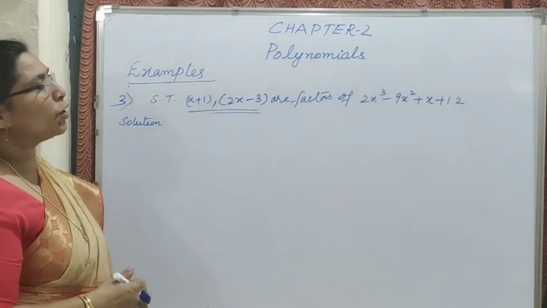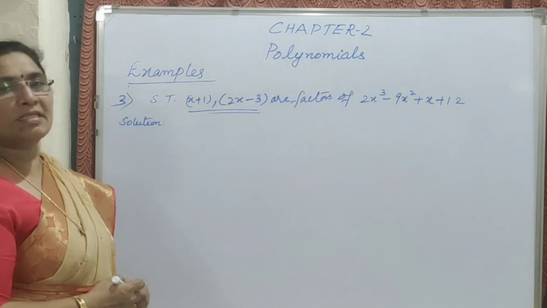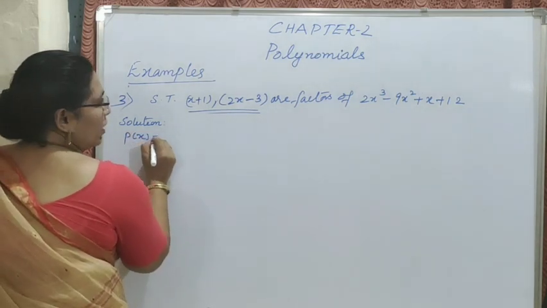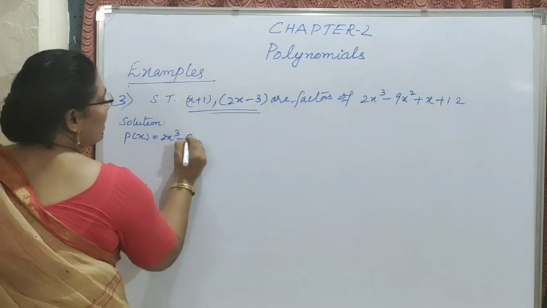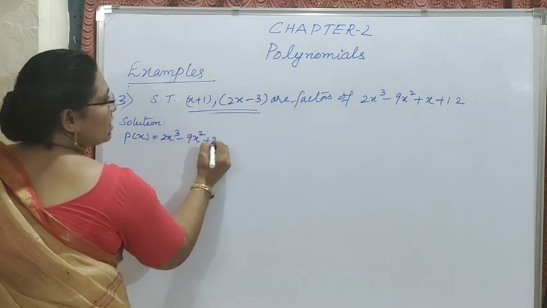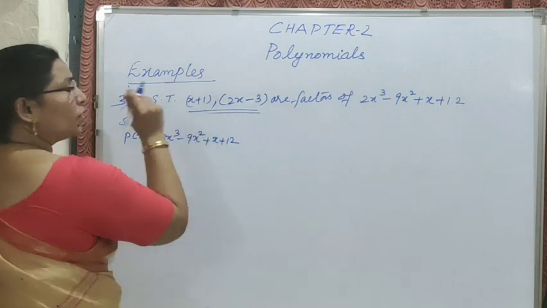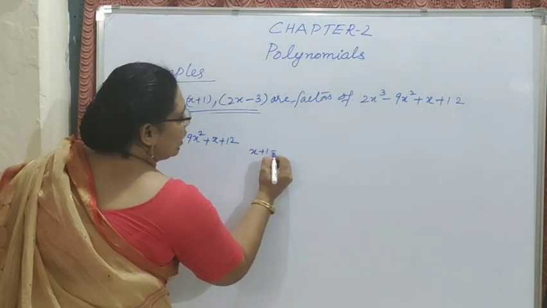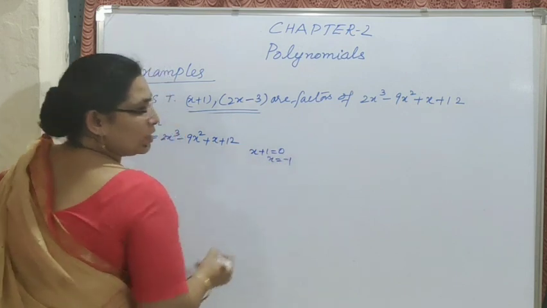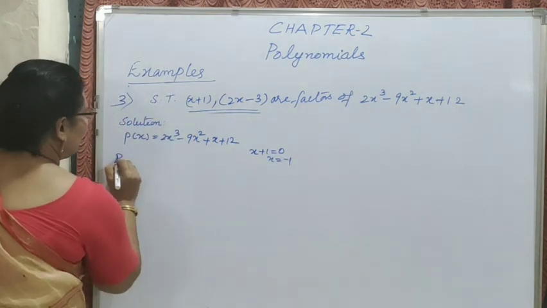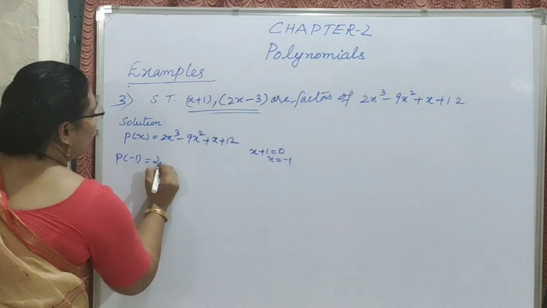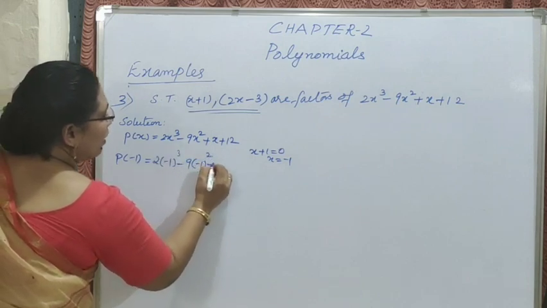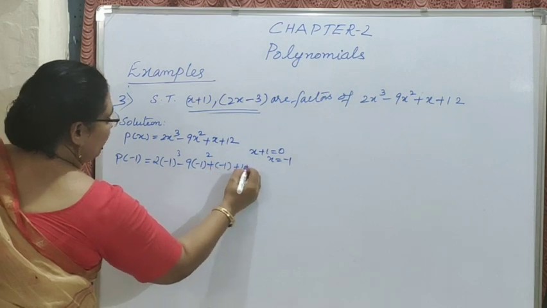Factors of 2x cube minus 9x square plus x plus 12. First we have to take down p of x as a solution: 2x cube minus 9x square plus x plus 12. The first one is x plus 1. So x plus 1 equal to 0 or x equal to minus 1. So p of minus 1 equal to 2 into minus 1 cube minus 9 into minus 1 square plus minus 1 plus 12.